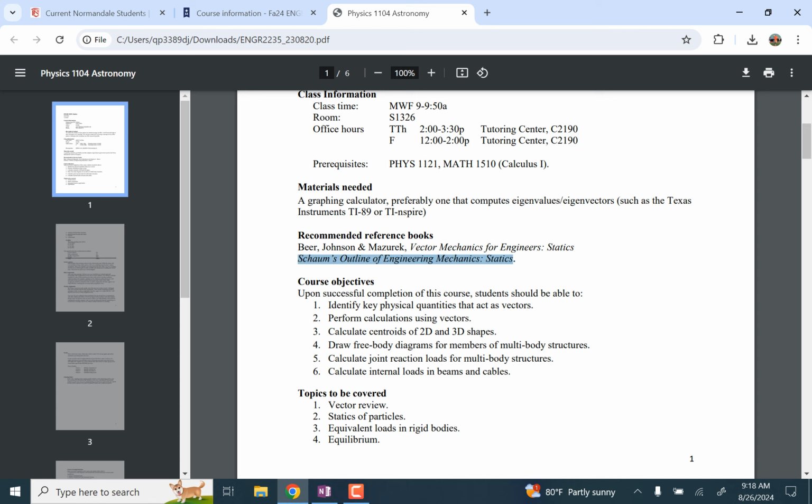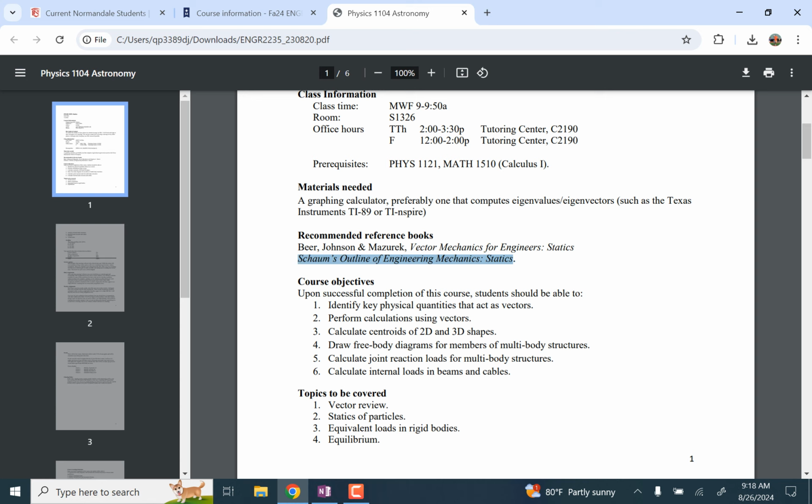This is such a great resource, and they make these Schaum's outlines for every technical class you'll take. They're paperback books that cost like $20, and they have lots of problems in them. And most of the problems have solutions. The ones that don't have solutions at least have answers, so you can check your work.